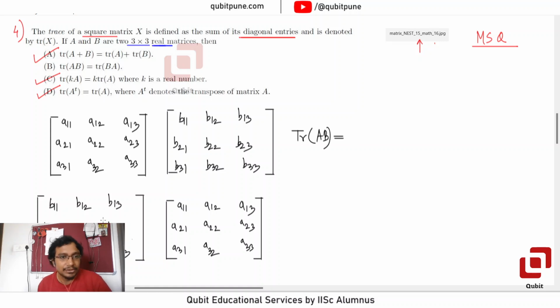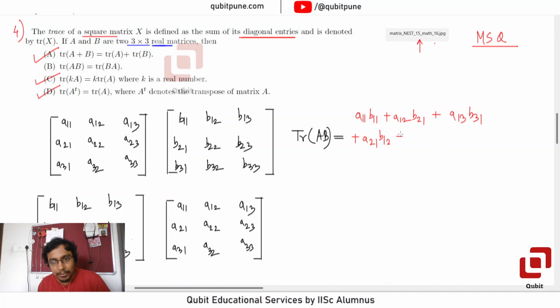So let us start with first row, first column. A11 B11 plus A12 B21 plus A13 B31. Okay, ये हो गया first row, first column. That means it will be the first element, A11 of the product, plus. Now go to second row, second column.